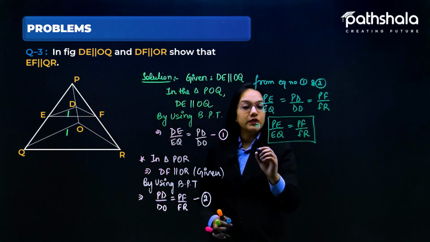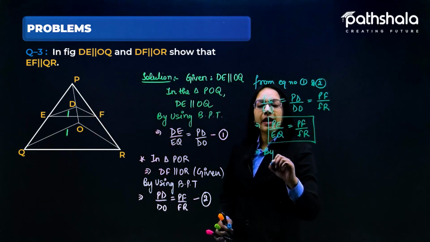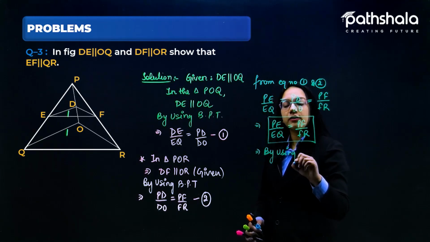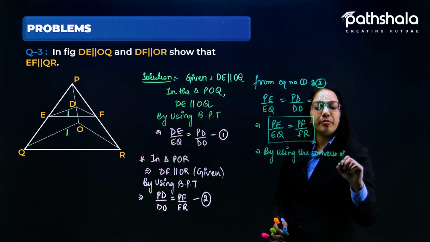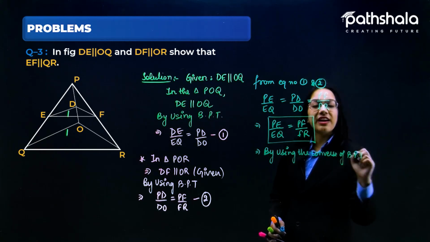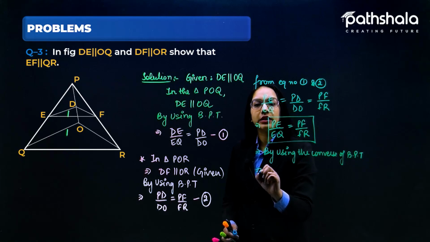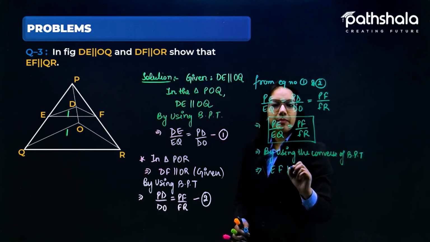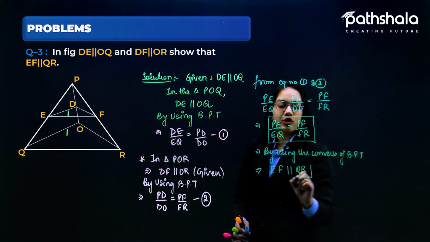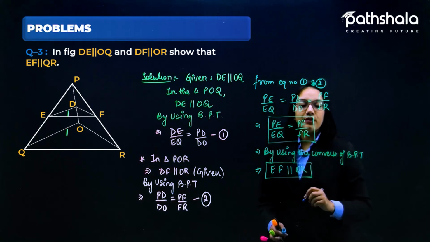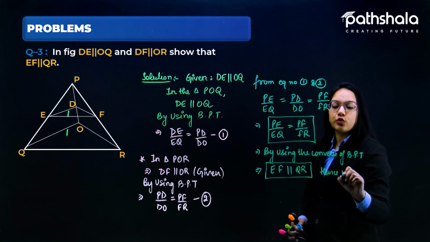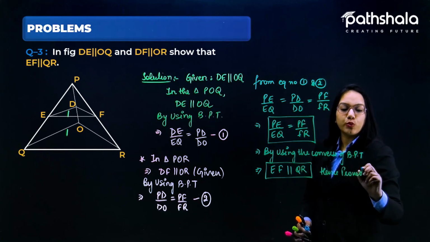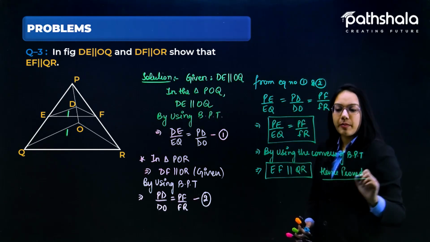So by using the converse of BPT, we can say from this statement that EF is parallel to QR. So this is what we wanted to show. Hence proved that EF is parallel to QR.